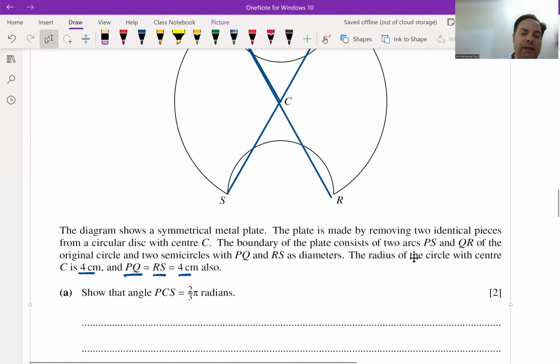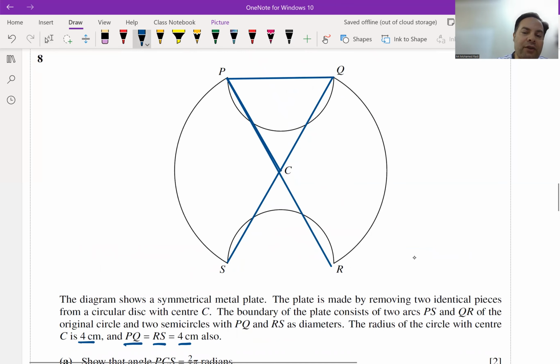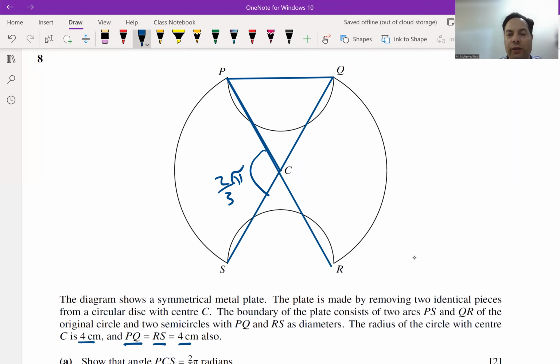Show that the angle PCS, the measure of this angle, is 2/3 pi. 2/3 pi in degrees is 120. Look at CQ, CP, and PQ, an equilateral triangle. All sides are equal: 4, 4, 4.